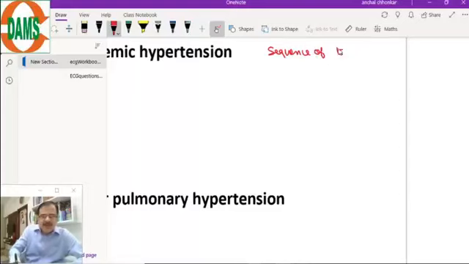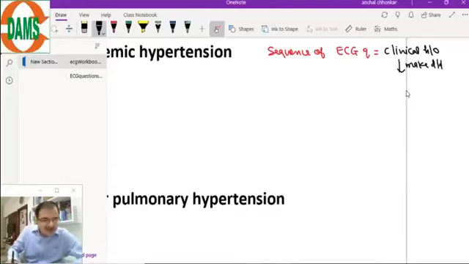First is always the clinical history. After that, you make your differential diagnosis, what you are expecting. Then look at the options given in your MCQs, and then look at the ECG.